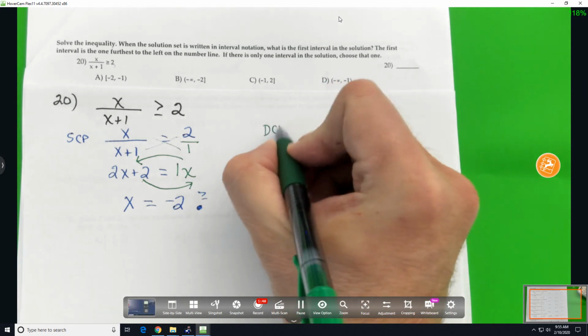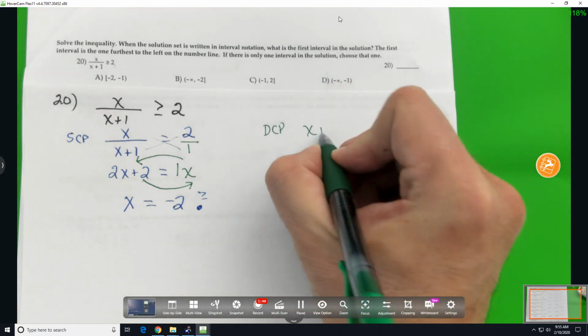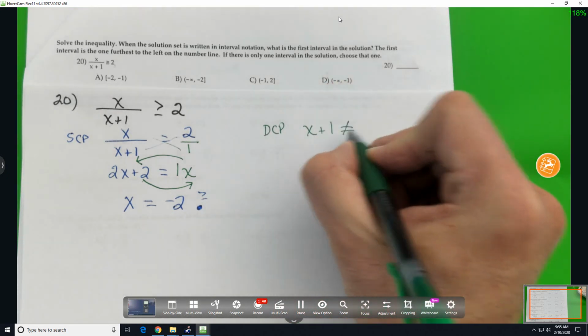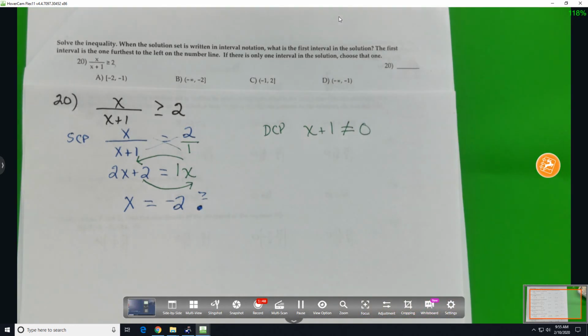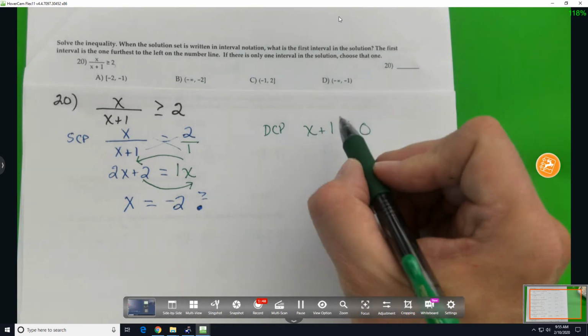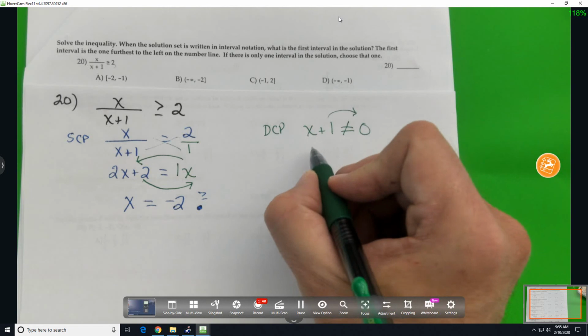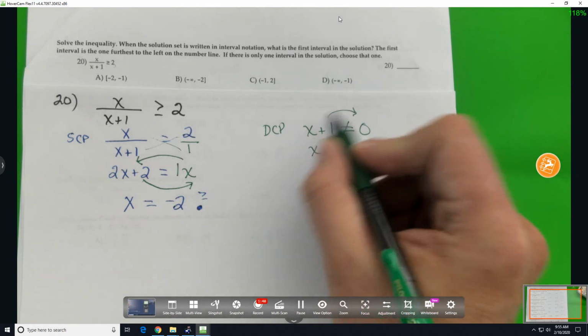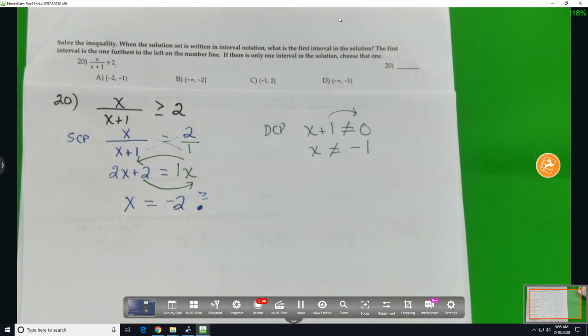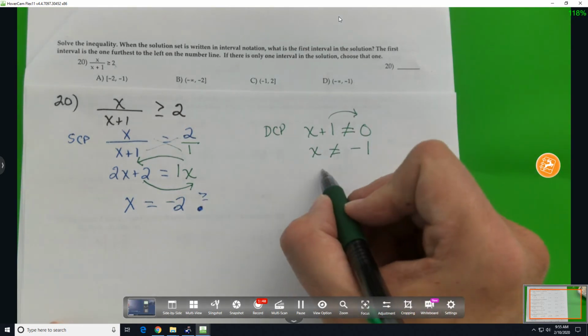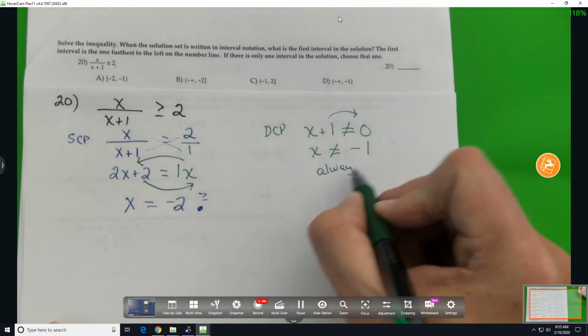How do I know? Well, because there's a denominator. The denominator can't be 0. So x can't be negative 1. With denominator cut points, they are always what? Open.